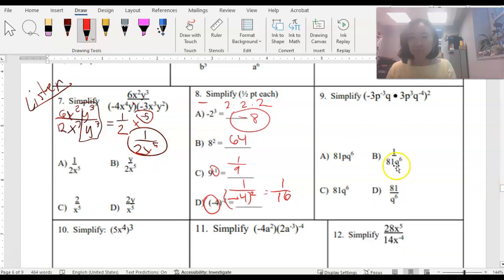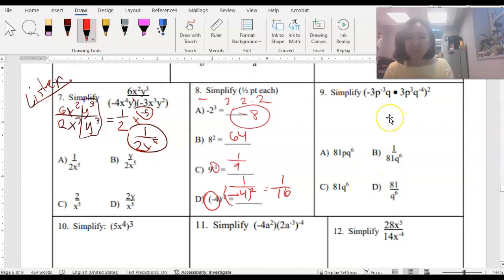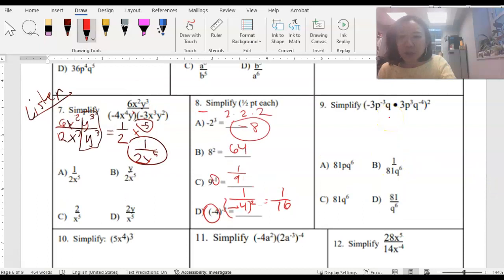All right, number 9. Here, again, I'm going to start with what's in the parentheses first and then do the exponent because of PEMDAS, right, our order of operations. So negative 3 times 3 is negative 9. P to the negative 3rd times p to the positive 3rd would be p to the 0th power. So these are actually going to cancel out because that's going to be 1. Q to the 1st power times q to the negative 4th power will be q to the negative 3rd power.